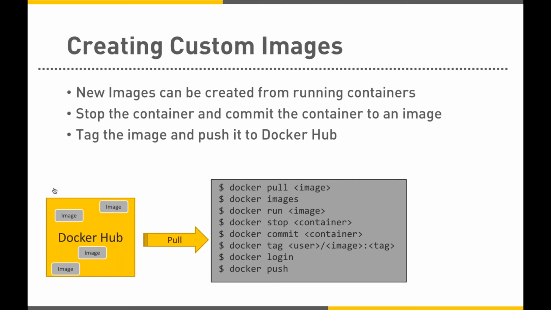So one thing that you need to understand about creating custom images is you always pull a baseline image from a Docker registry. You don't go about creating, let's say, a Debian image or a RHEL image from a CD. That is not really required because these base images are maintained by the distribution vendors.